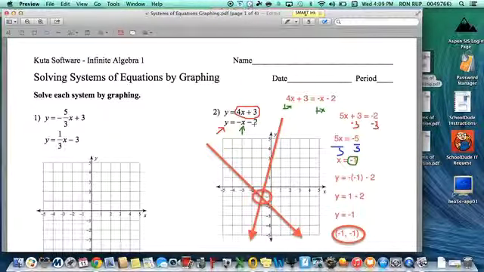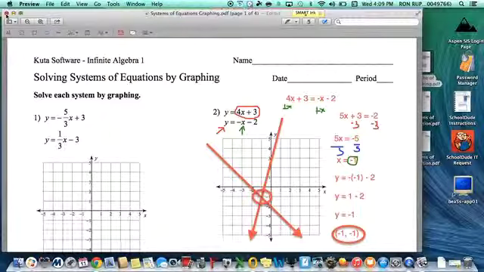And you know, if you don't like to graph, because there are some times where your lines might cross in between numbers, and then you're going to have to make an educated guess. And maybe you'll guess correctly, maybe you won't. With substitution, you will be able to get decimals and fractions and things in your answer. Whereas with graphing, if they don't cross at a nice pretty point like this, then you might not have as correct an answer as you might have wanted.